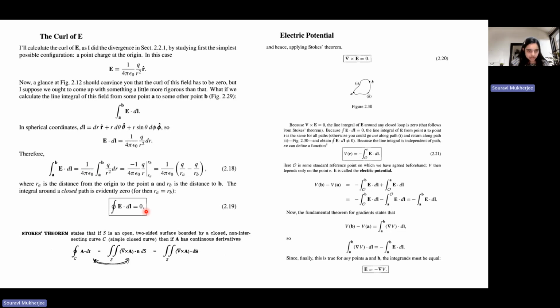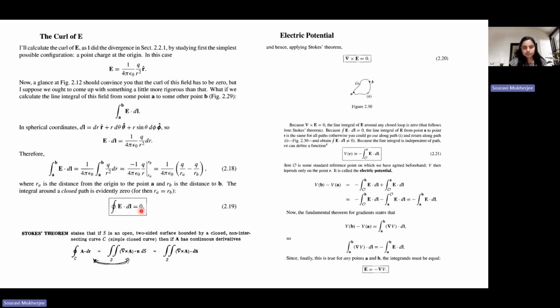And if you use Stokes' theorem, which relates the line integral with the surface integral. If you have a closed line that encloses a surface, the line integral over the closed path can be associated with the surface integral over the surface that it encloses, by Stokes' theorem.